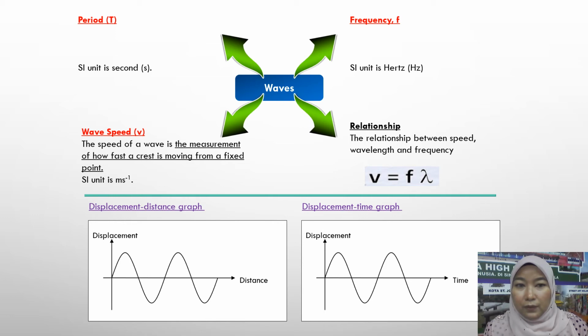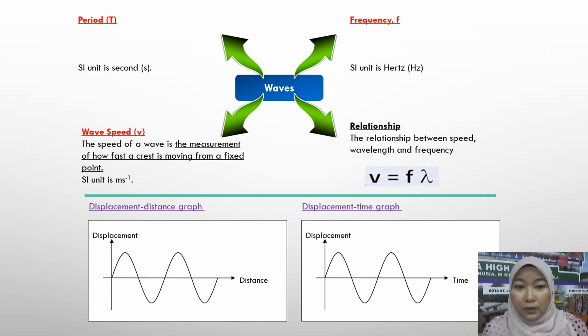So the unit for period is second. So what is wave speed? The speed of a wave is a measurement of how fast a crest is moving from a fixed point. The relationship between speed, wavelength, and frequency is v = fλ.